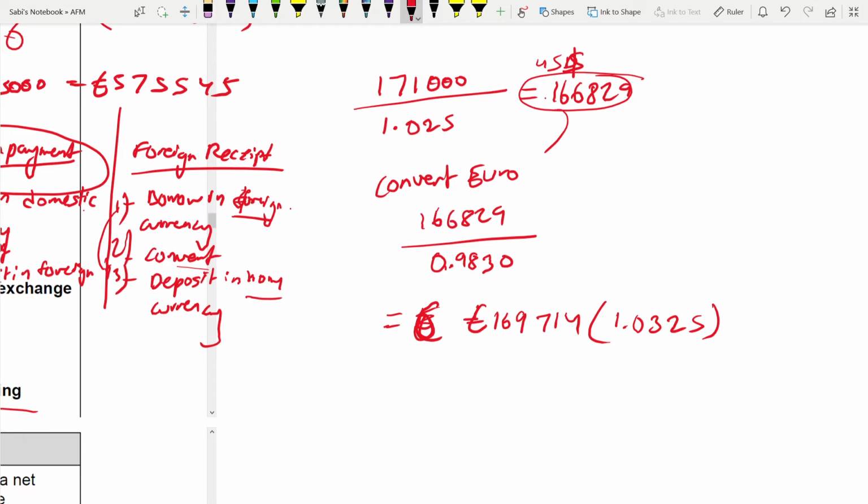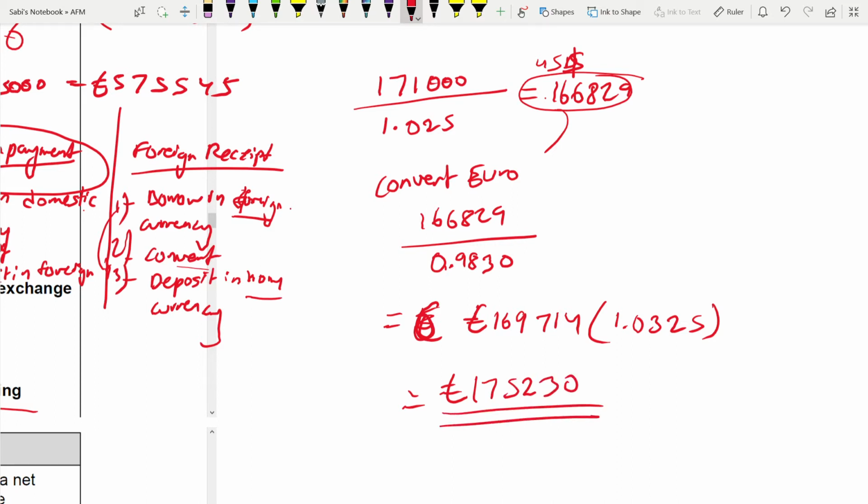You finally multiply, and whatever you get is your final answer in euro. Once you multiply this with this, it will be 175,230. This is in euro.